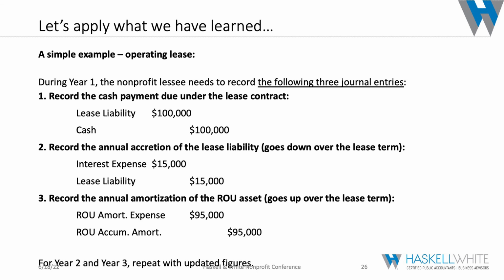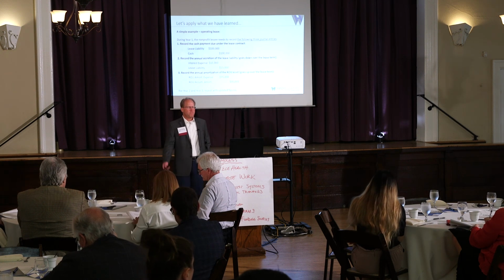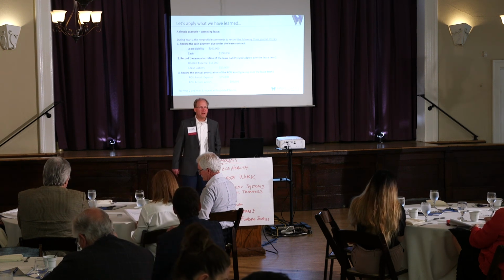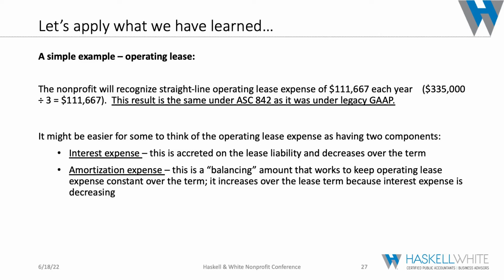The great thing is for years 2 and 3, you're going to book the same 3 journal entries, in year 2 and 3, just with updated numbers. And really, it's that simple. The income statement effect, if you figure out all the math, it's the straight line expense. It's the $335 grand that we're paying divided by 3 years.